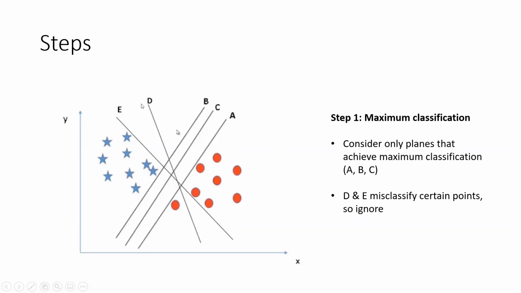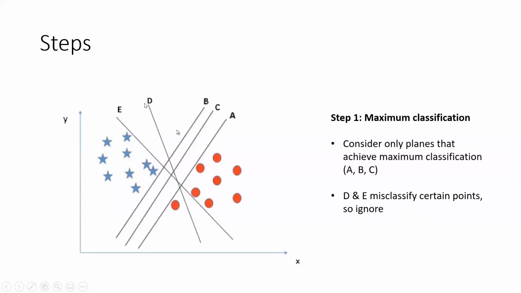Okay, so A, B, C, D, and E. Now out of these 5 possible hyperplanes, you only consider those planes which achieve the maximum classification, that is A, B, and C. Okay. So why do I say that? If you see plane D and plane E, they misclassify certain data points. So you just ignore those 2 planes.